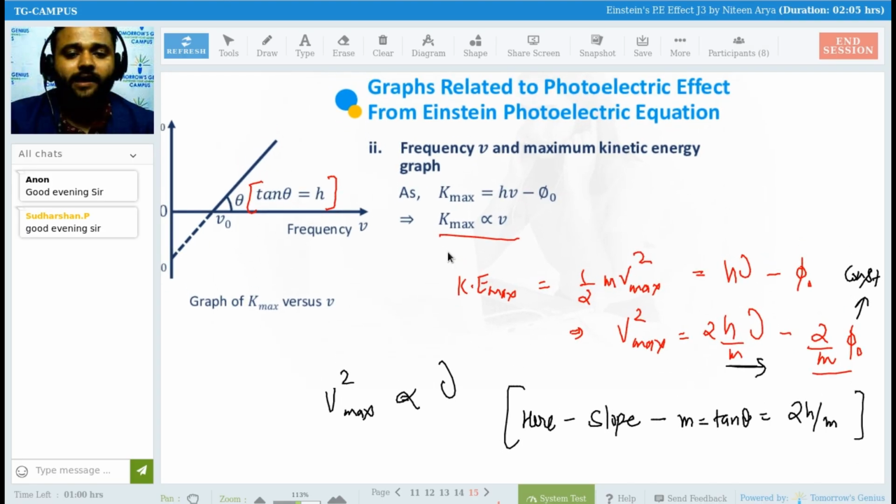For kinetic energy max, it is directly proportional to frequency, and tan theta is going to be constant, which is h. Here we have the slope tan theta equal to 2h over m. Clear, everyone? Is this clear now, everyone?